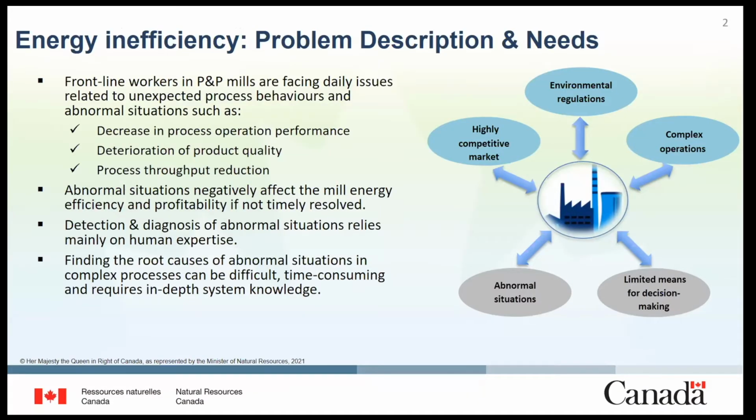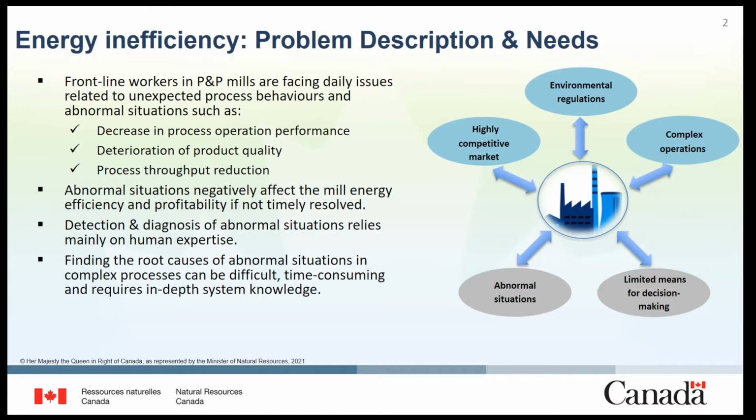So as you may know, operators in pulp and paper mills are facing daily issues related to abnormal situations, such as a decrease in the process performance or a deterioration in the product quality. And these abnormal situations can affect the energy efficiency of the process and can also affect the profitability of the mill if they are not resolved quickly.